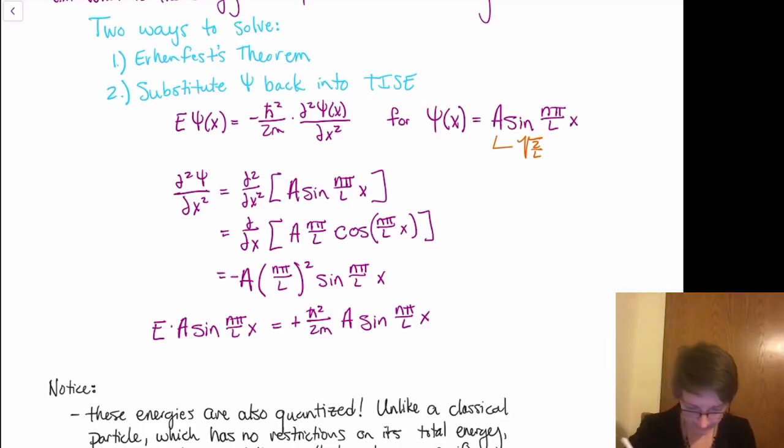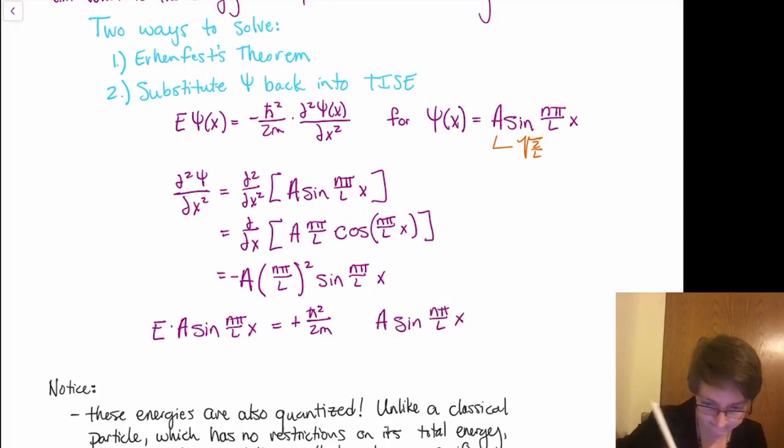So this will simplify quite a bit once we realize that, oops, I don't want to forget my factor of n pi over L squared.